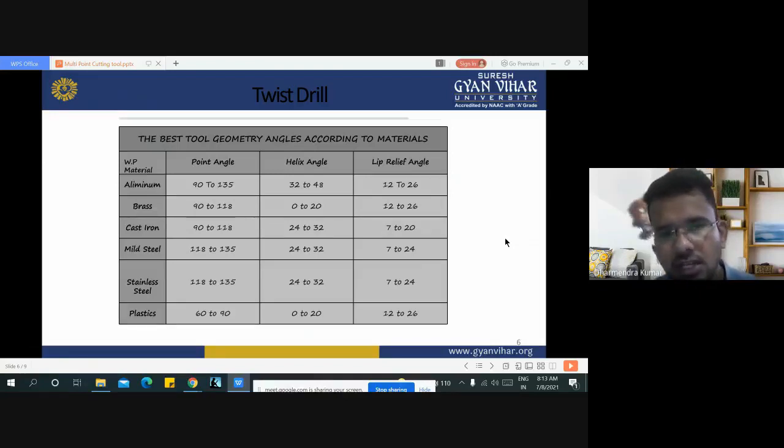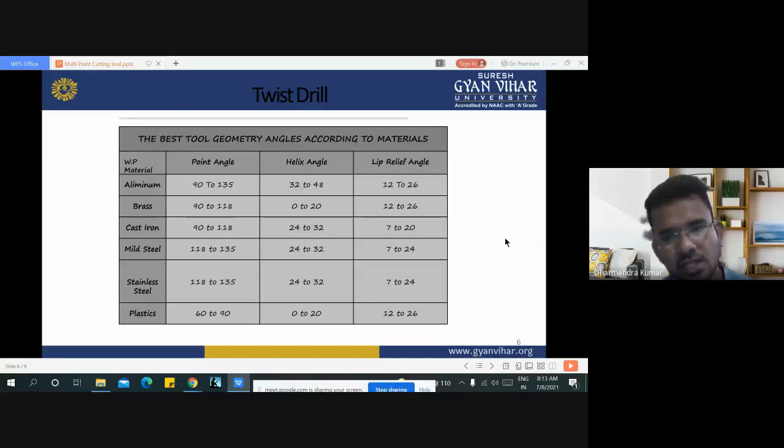For mild steel, point angle varies from 118 to 135, helix angle 24 to 32, lip relief angle 7 to 24. Now for stainless steel, 118 to 135, helix angle is 24 to 32 degrees, and the lip relief angle is 7 to 24 degrees.